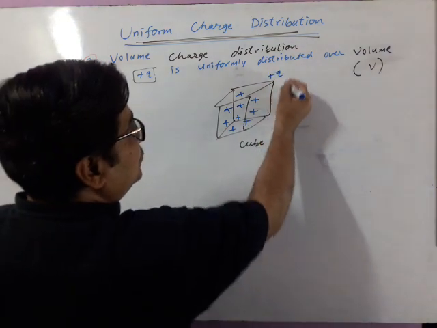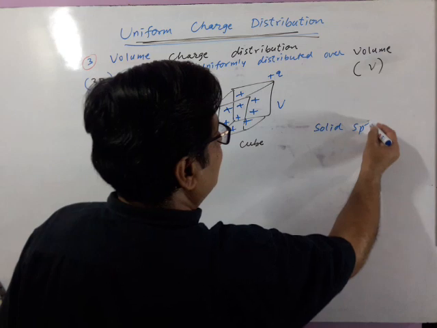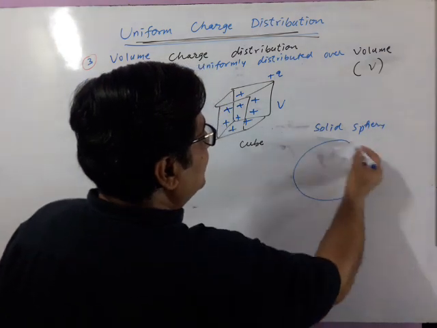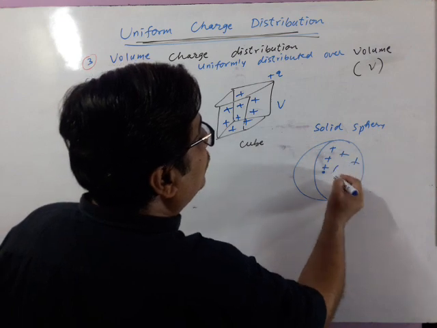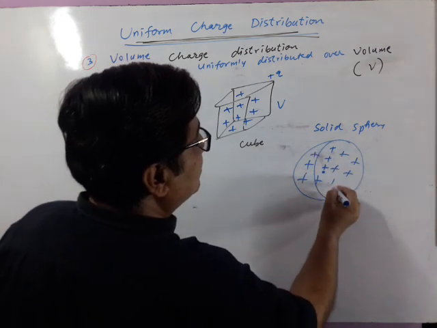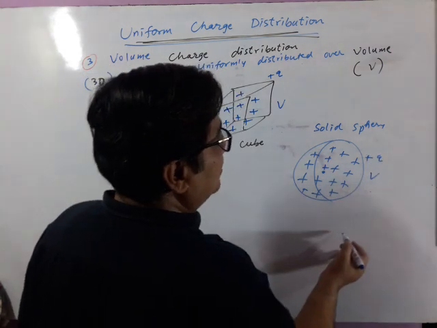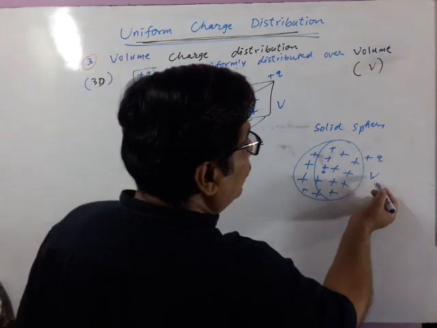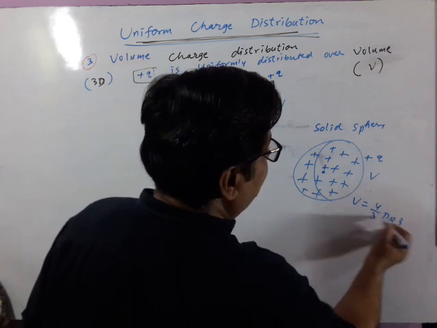So this is plus q charge distributed over volume, like a solid sphere. In a solid sphere, charge is contained within the whole volume of the sphere. So this is considered three dimensional. Total charge is distributed over the whole volume. You know volume is 4 by 3 pi r cube.